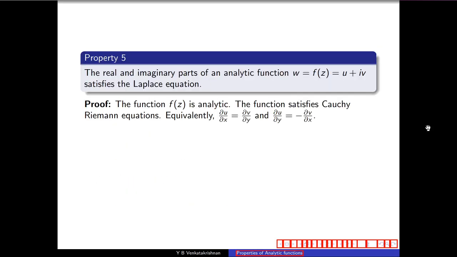And the last property is that the real and imaginary parts of an analytic function satisfy the Laplace equation.